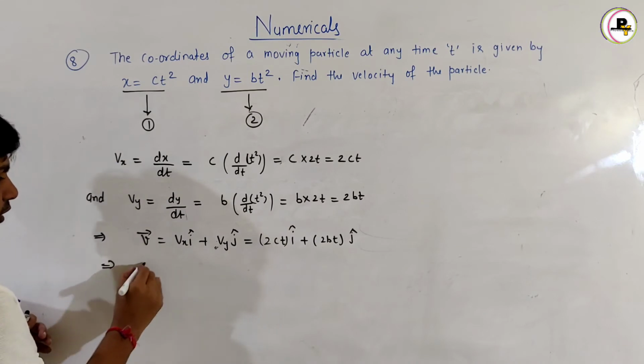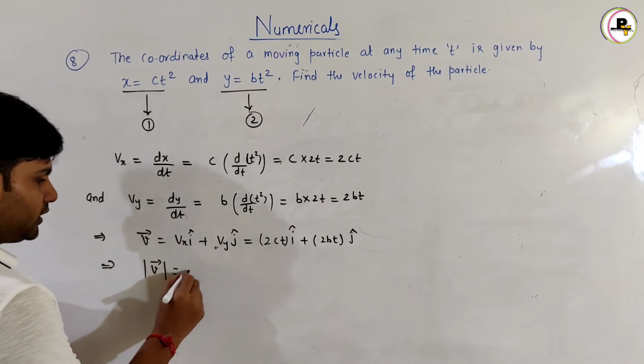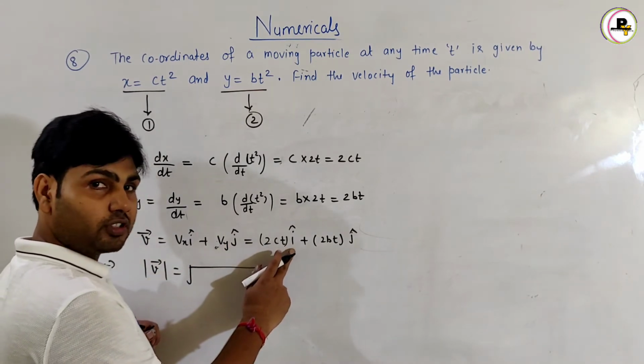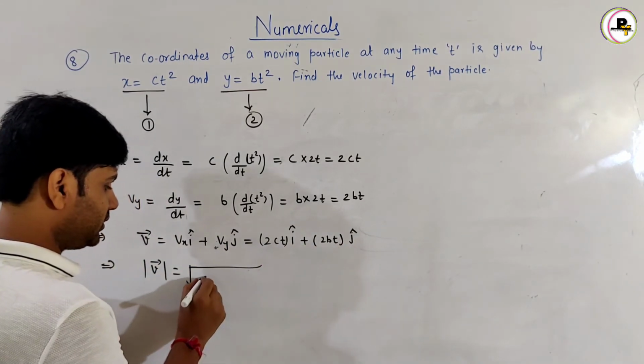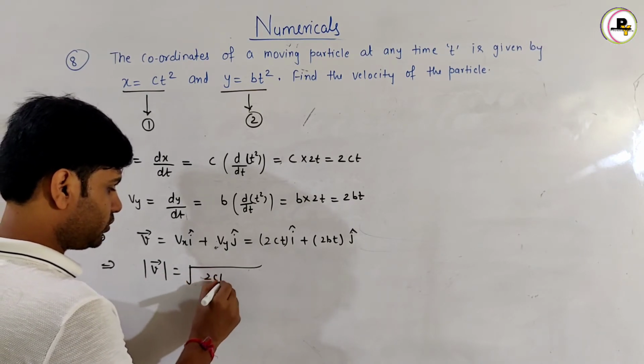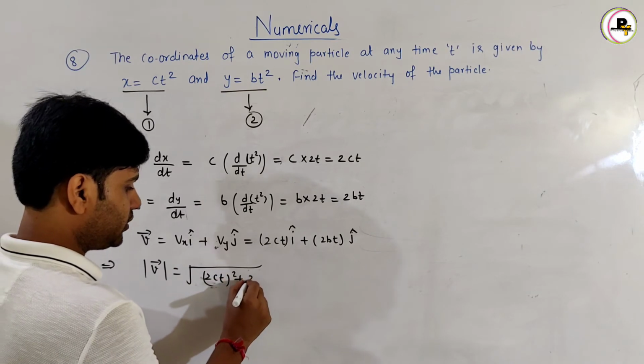Therefore the magnitude of velocity, the v vector, is equal to the square root of the sum of the squares of the coefficients of i cap and j cap, that is the square of 2ct plus the square of 2bt.